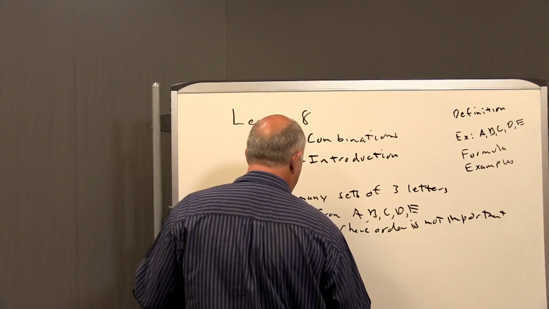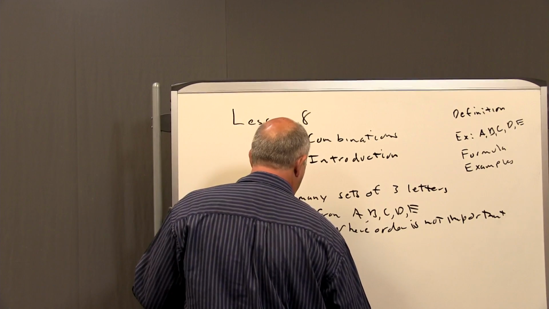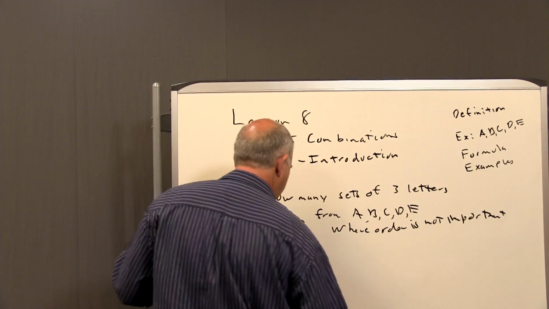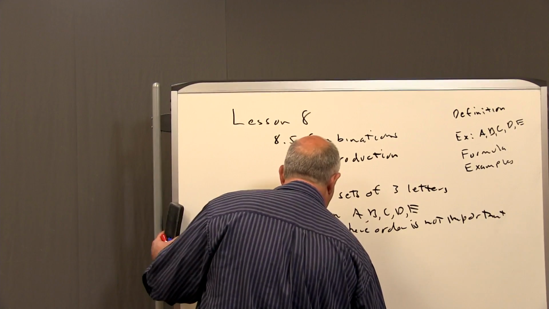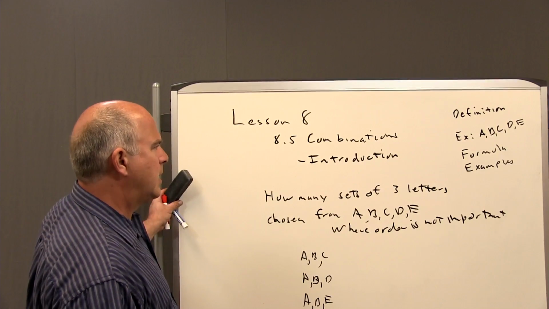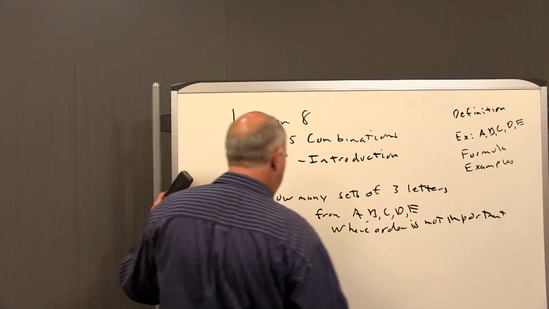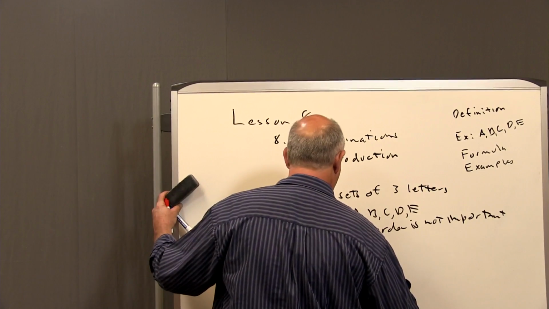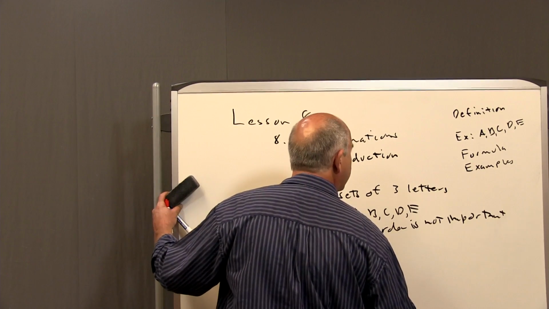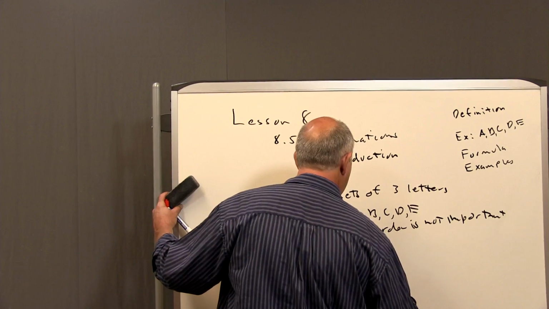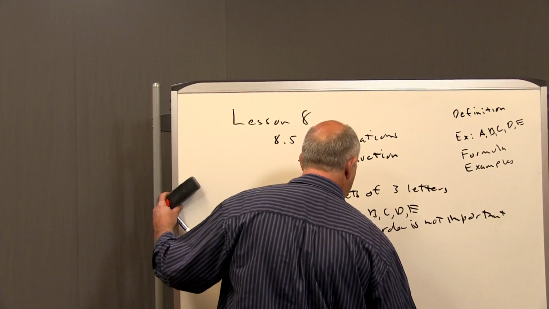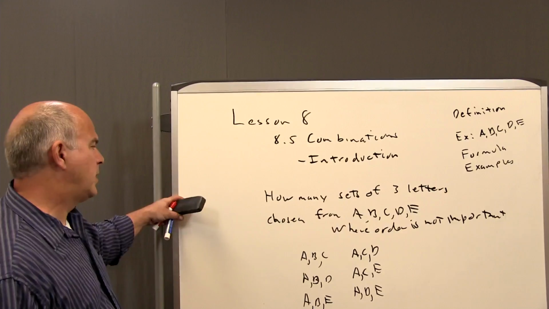Well, we've got A, B, C, we've got A, B, D, A, B, E. We have A, C, D. We have A, C, E. And we have A, D, E. I believe that's all of them with an A in it.